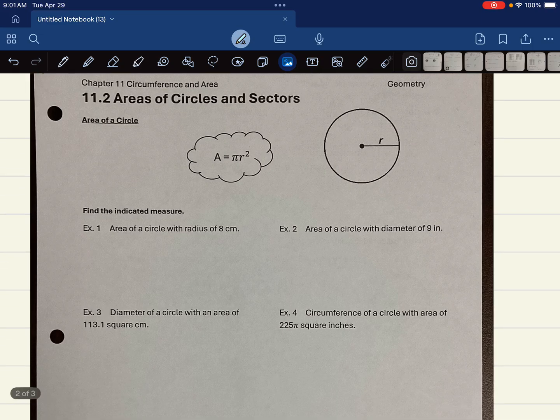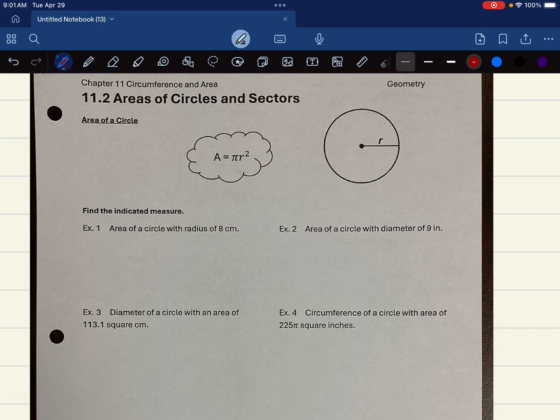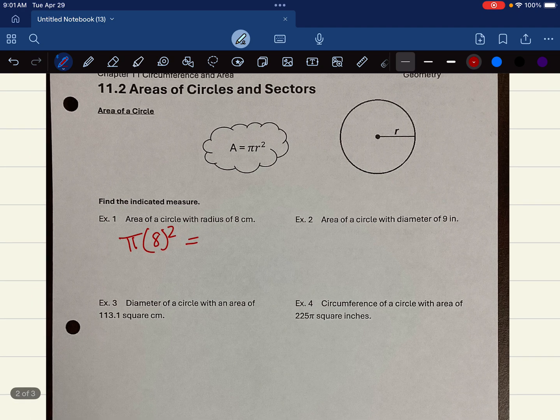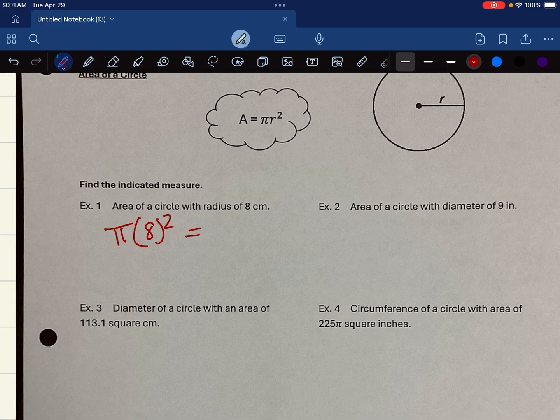So example 1, if I want to find the area of a circle with a radius of 8, how would I do that? Good. Just pi times 8 squared. Now, if I want an exact answer, like we talked about yesterday, what would my exact answer be here? 64 pi. Okay, and what would be a decimal answer or a rounded answer?